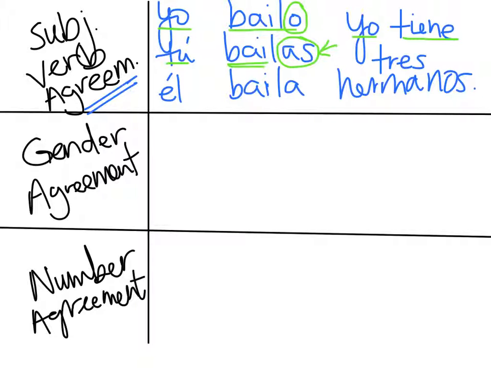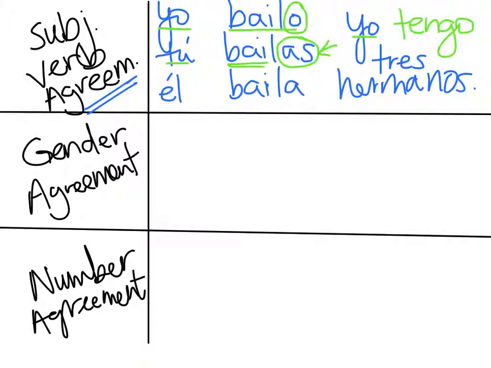Does that one go with yo? Okay, I don't think so. So it is actually yo tengo. Now if you can't remember that it's tengo and you have tiene, is that the absolute worst thing in the world? No, definitely not. I'd rather have a mistake and you make an attempt than you not try at all. But I would recommend at least going back to read what you wrote.